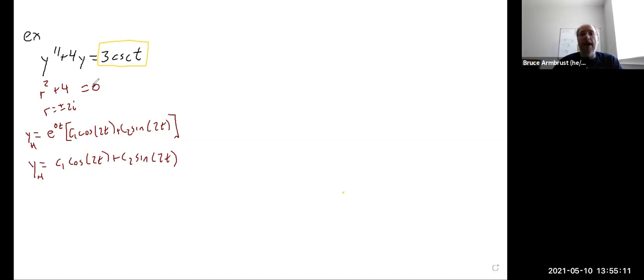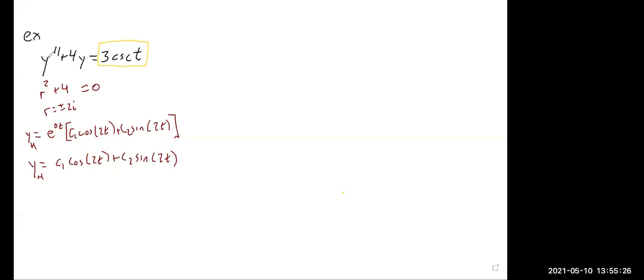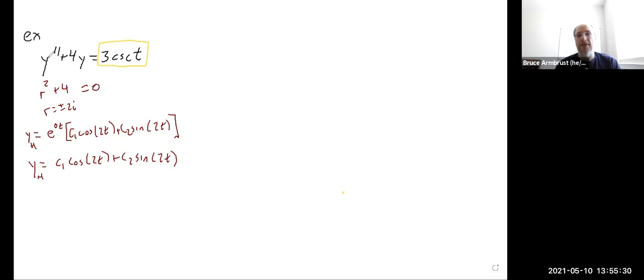But if we went with y as a natural log of sine, think about that. It's going to show up as 4 times the natural log of sine plus some other stuff. Is that natural log of sine going to go away? No. We're not going to get a negative natural log of sine that's going to cancel with the second derivative. So that's not going to work.